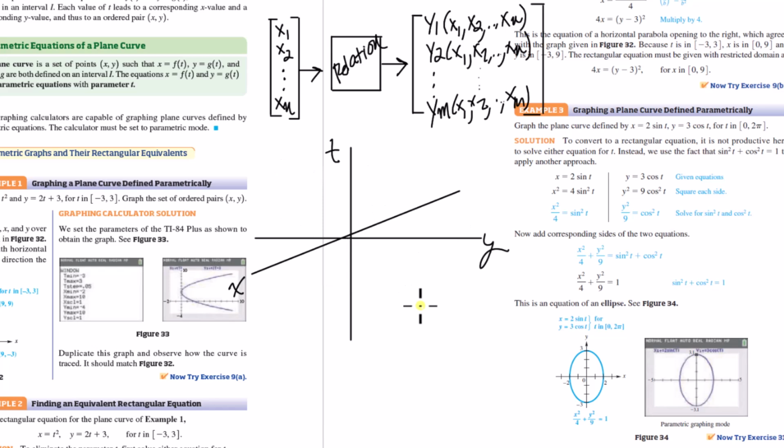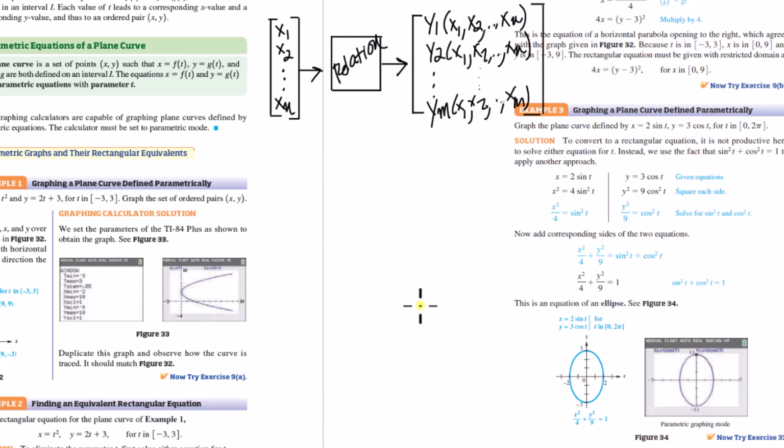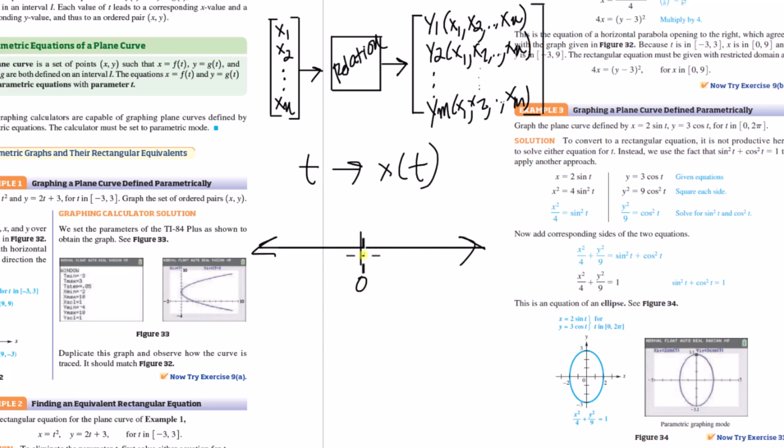And even in the simplest case of just a single input and a single output, you input a t and you get out an x of t. Well, if that's the position along a line of something, and we're viewing this parametrically, then with any point in time, we're tracking the x location of some particle or some object.